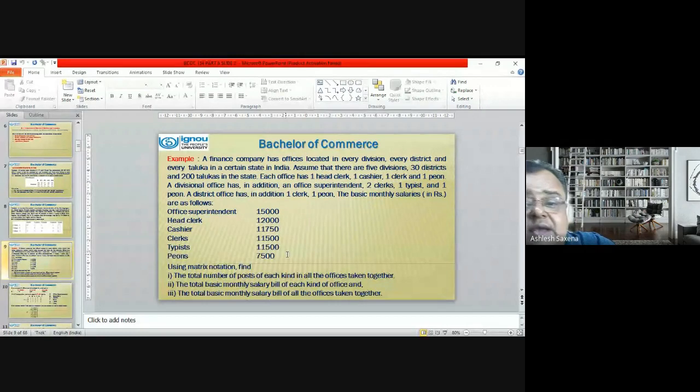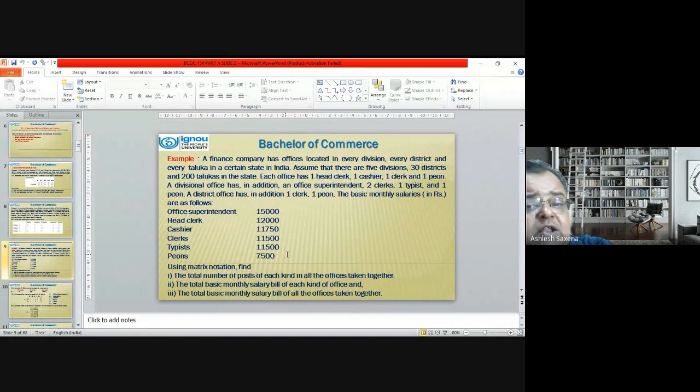A finance company has offices located in every division, every district, and every taluka in a certain state in India. Assume that there are 5 divisions, 30 districts, 200 talukas in each state. Each office has one head clerk, one cashier, one clerk, one PM.